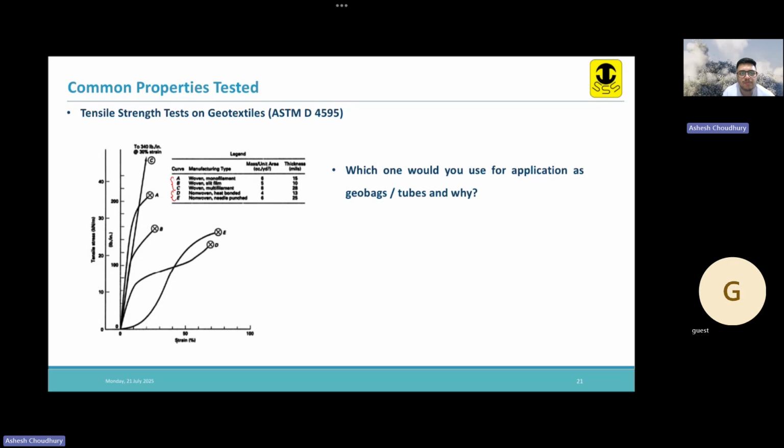Which one? Just think for a minute. Of the tensile stress versus tensile strain, which one do you think you will prefer for this geobags or geotube application, and why? What is the reason? Just think for a minute.